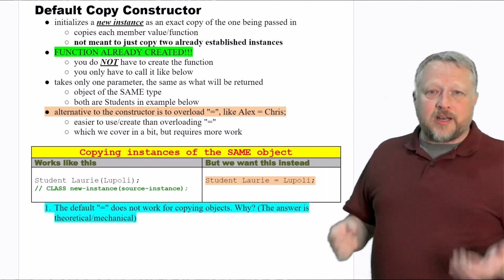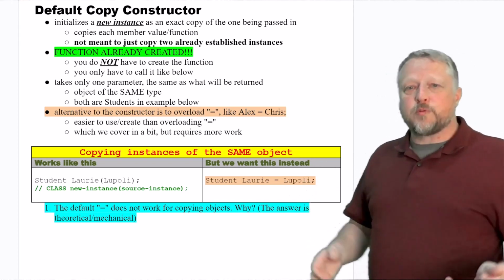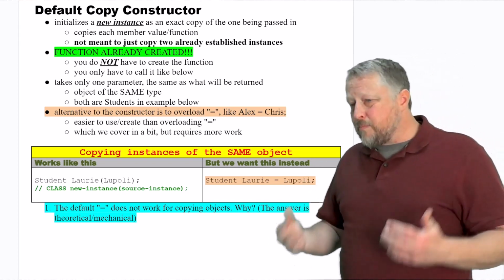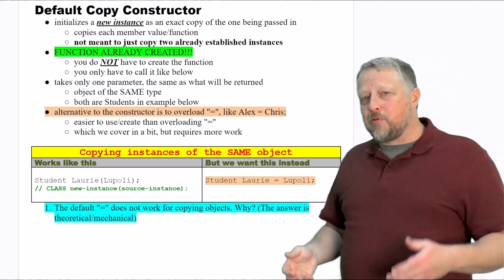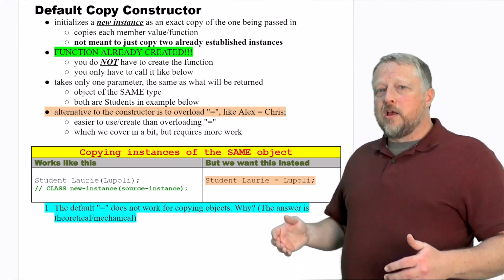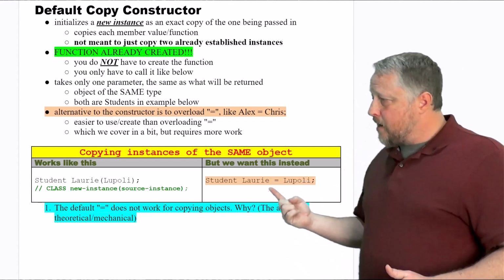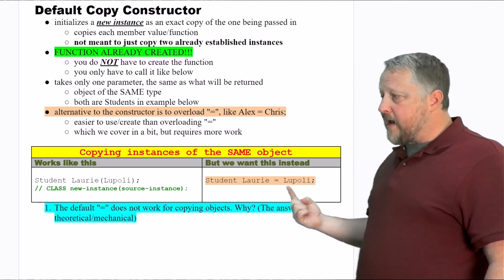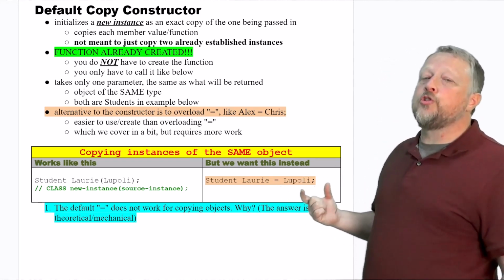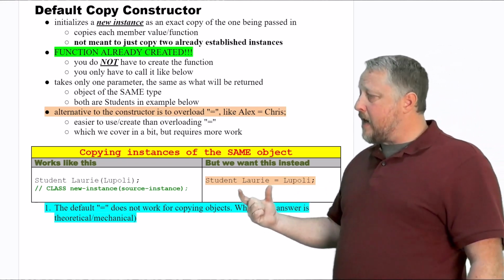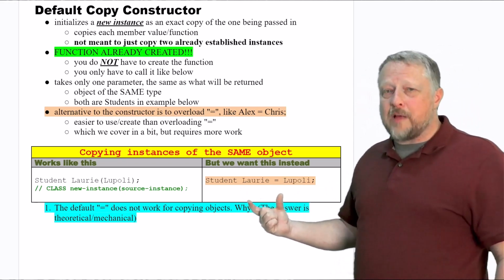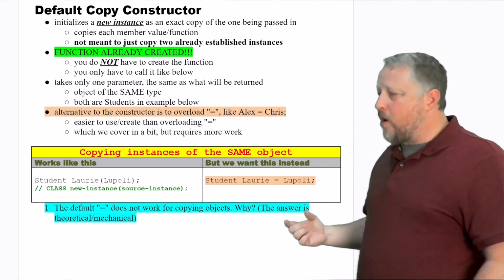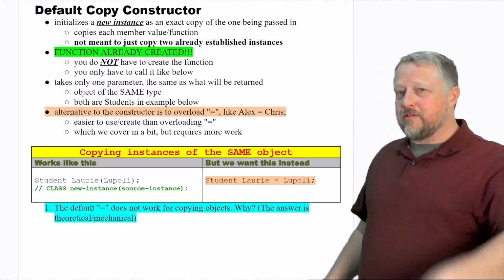You know that using an equal sign from our times before are just using simple variables like ints, doubles, strings. These are complex objects. That equal sign, if we don't overload that, has no idea how to handle an entire student object named Lori. It has no idea how to do that, but I'm going to show you here in a bit.